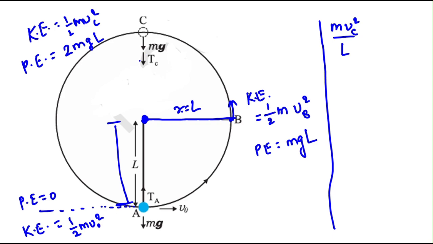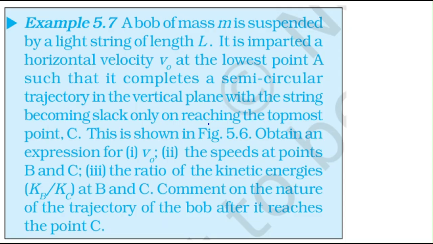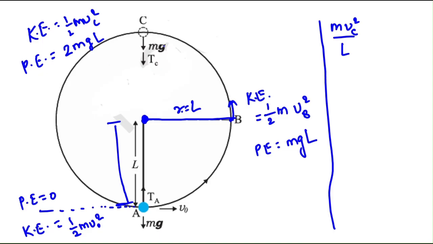As there is no tension at point C, it is mentioned in the question that the string becomes slack only on reaching the topmost point C, that is, tension is 0 here. So the only force contributing to the centripetal action is mg.